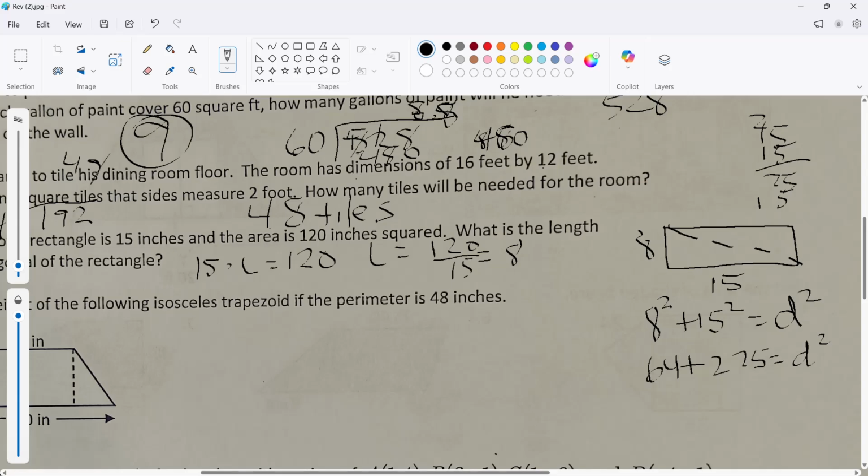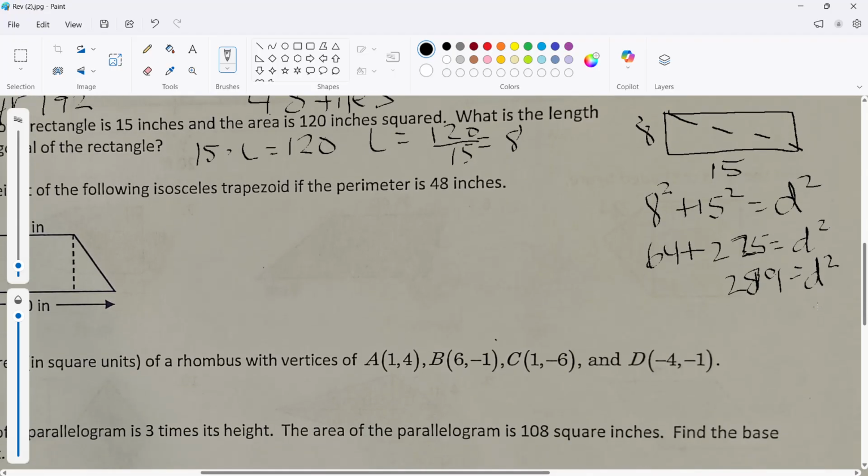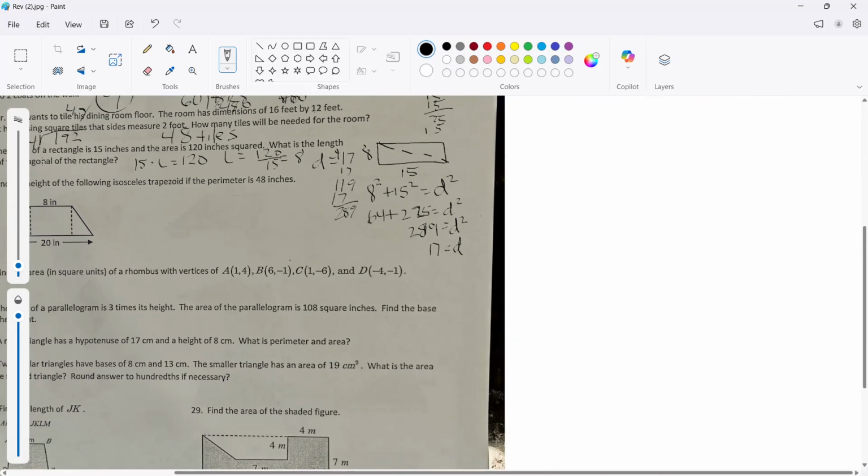That is 289. 289 equals diagonal squared. Square root of 289 is 17. The diagonal is 17. And if you do that on a calculator, square root of 289, there you go, 17. All right, what's the next one?